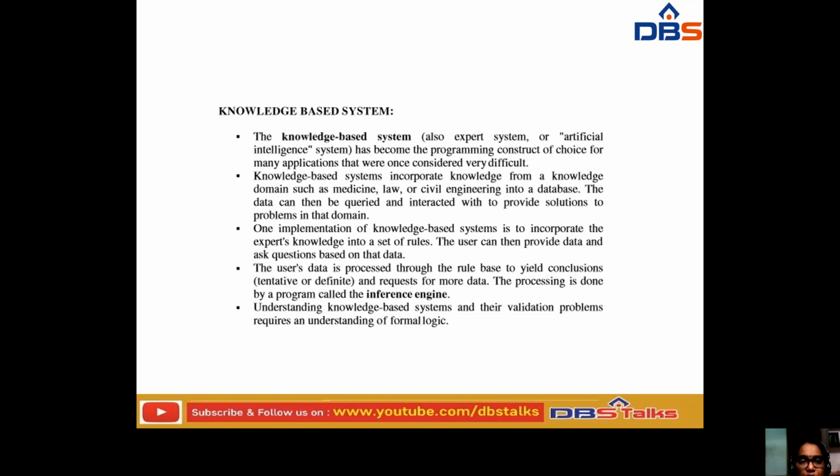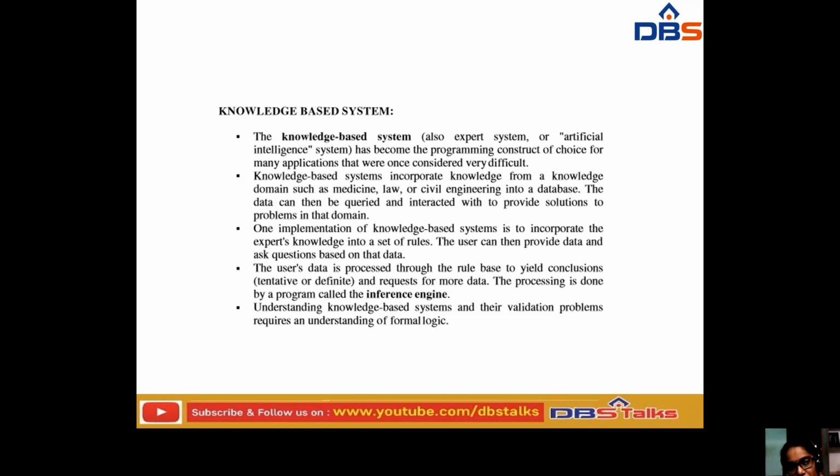Here the knowledge based systems incorporate knowledge from a knowledge domain such as medicine, law or civil engineering into the database, so the data can be queried and interacted with to provide solutions to problems in that domain.